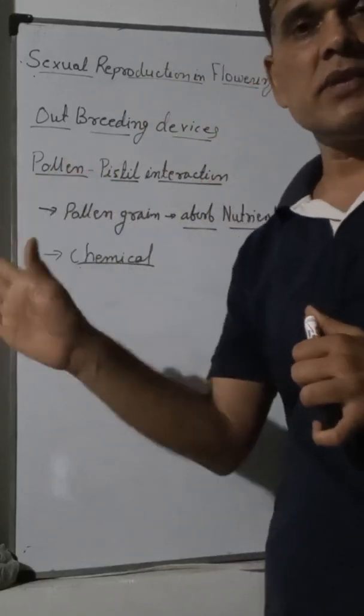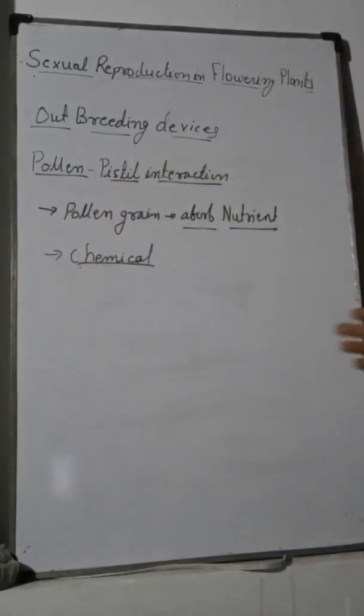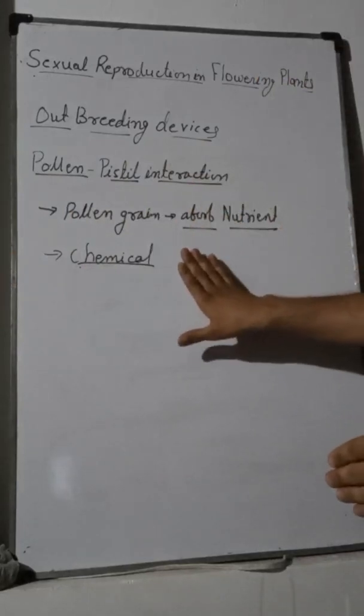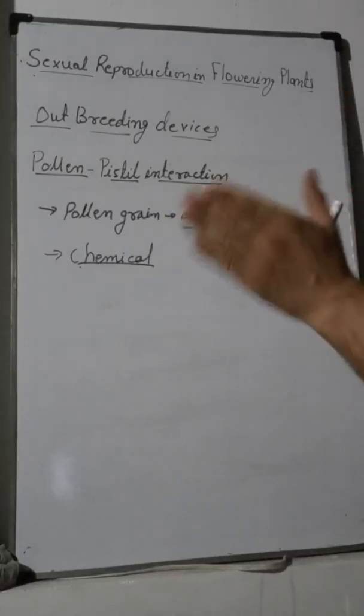So the pollen grain will not germinate. Here this interaction is in a positive manner, so the pollen grain will germinate to form pollen tubes. If the interaction is not positive, that is, recognition of the right pollen grain is not there, it will not germinate.